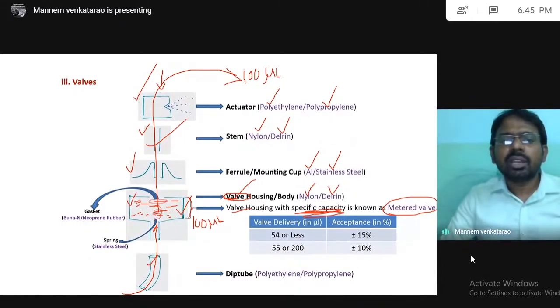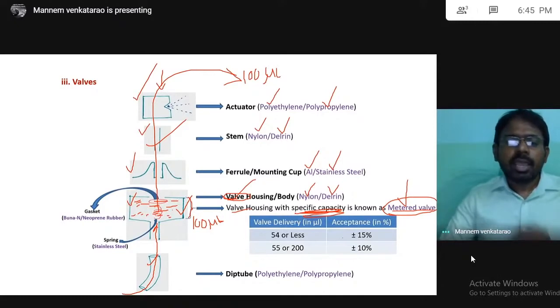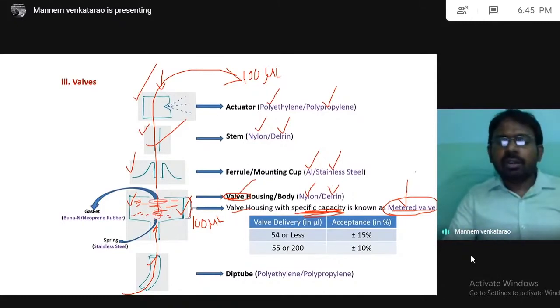Each activation will deliver 100 microliter. So the specificity shown by a valve housing is known as a metered valve, a valve which can deliver an accurate quantity of medicament. It is not a separate component; the valve housing is sometimes called a metered valve when it has a specific volume or capacity.